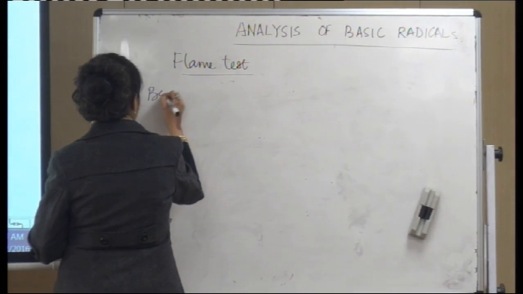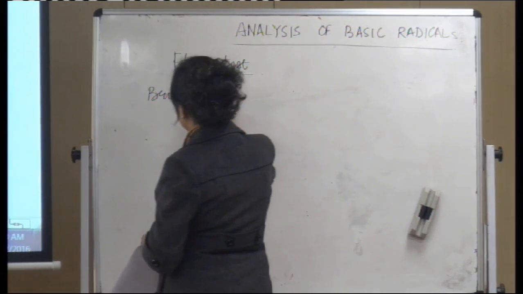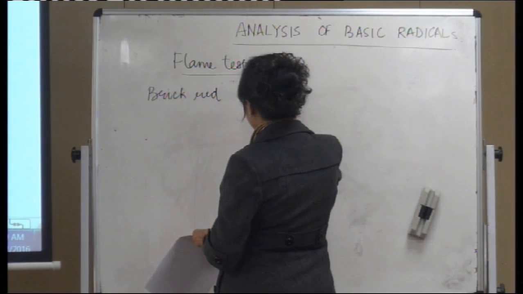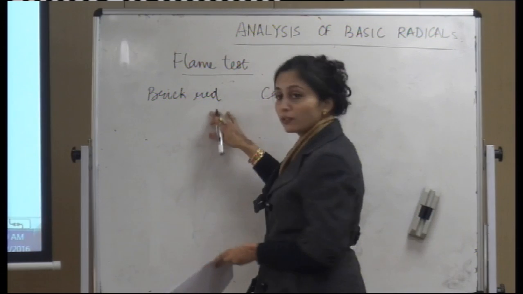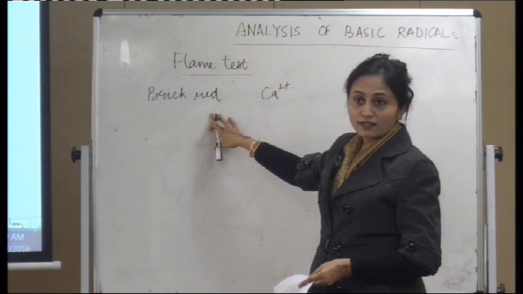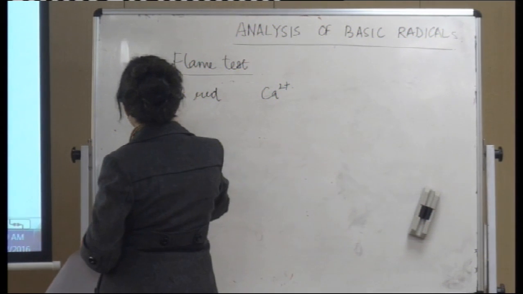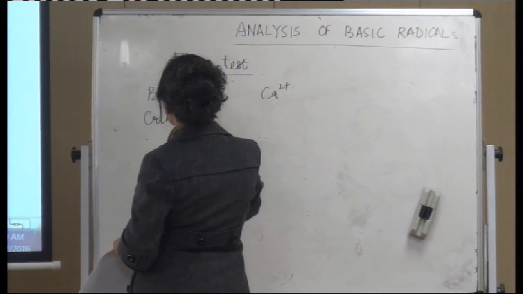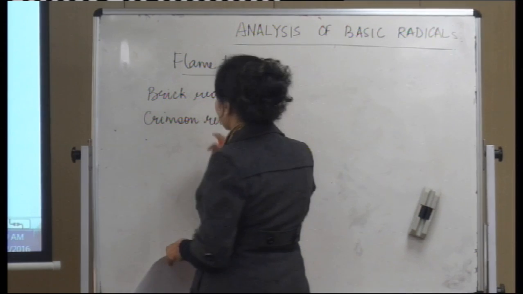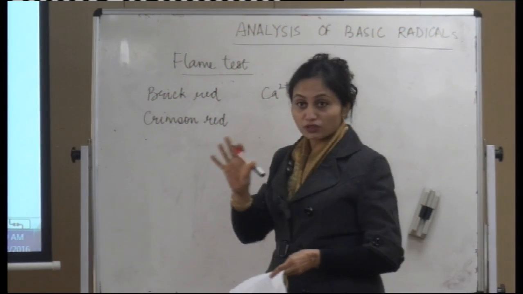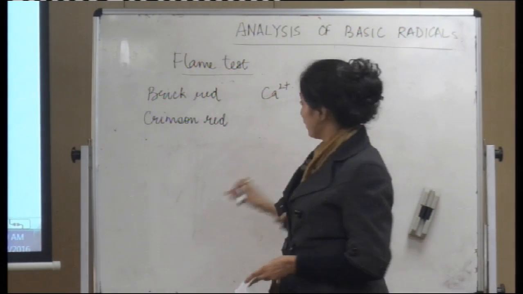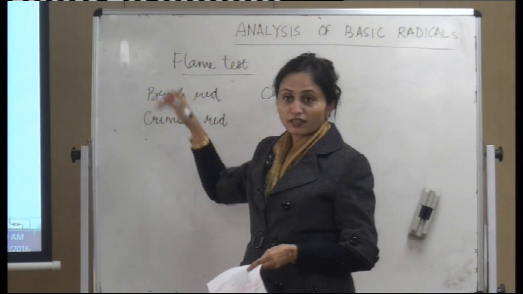if you get a brick red flame, then in that case you have Ca2+. You can demarcate the colors very easily. That is Ca2+. If you have a crimson red color, crimson red is the normal, the proper red. Okay, brick red is a little darker than the crimson red.